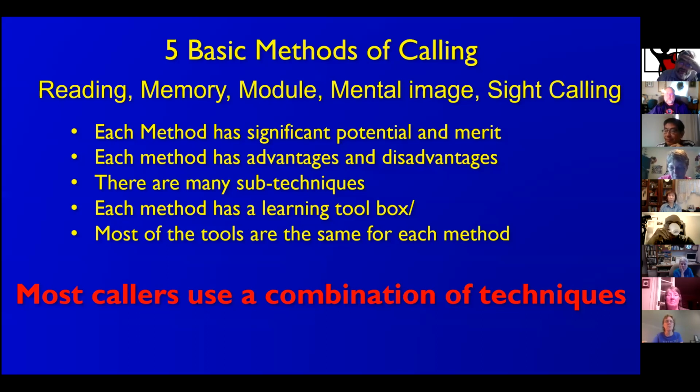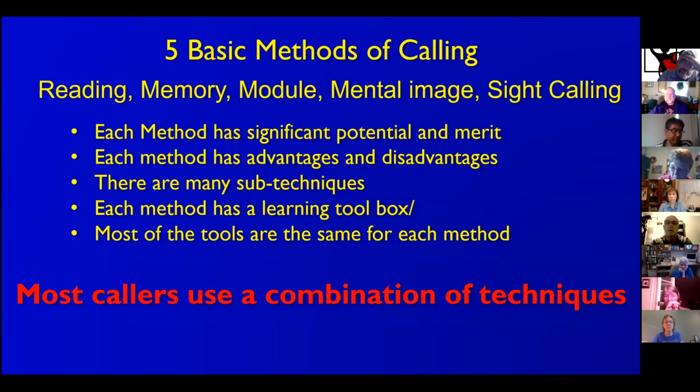Now, there are variations of each of those techniques, but each has significant merit and potential, and likewise, each one has advantages and disadvantages, and each one is just another tool in the toolbox.